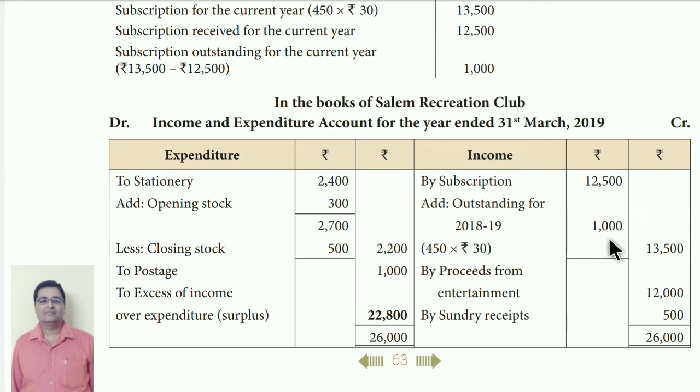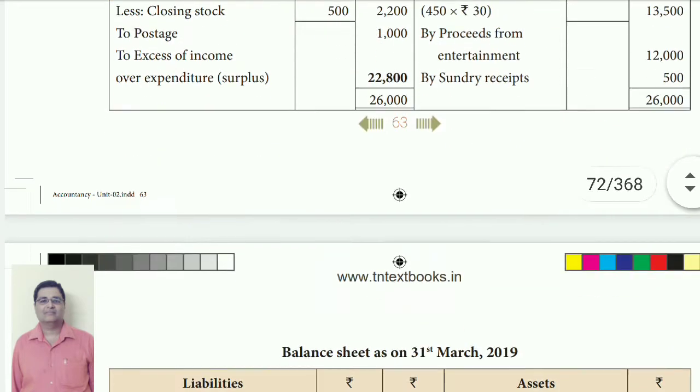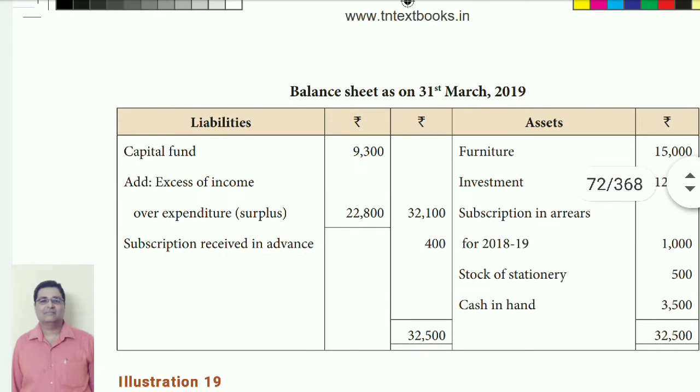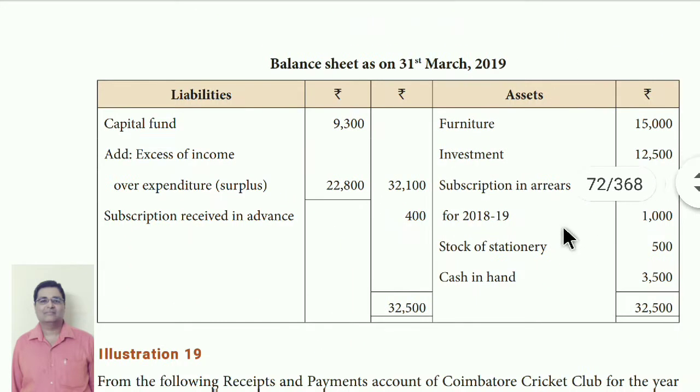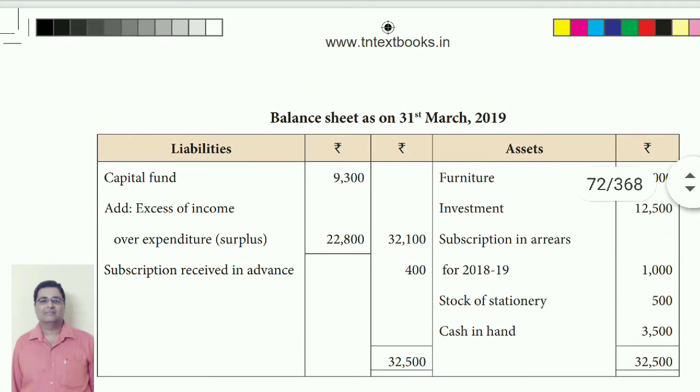So 1,000 is outstanding for the year. This outstanding 1,000 rupees we have to write in the asset side of the balance sheet. You see the balance sheet. Asset side, we write subscription for the year 18-19, 1,000 rupees. Understand? We wrote the 1,000 rupees.